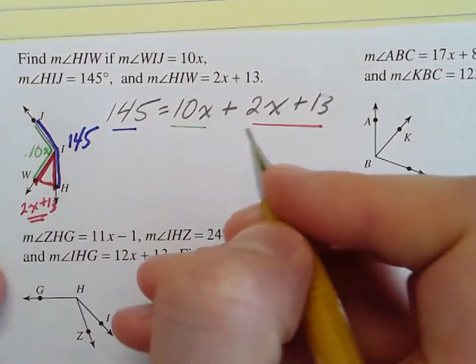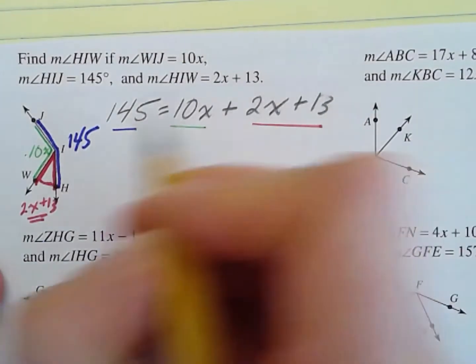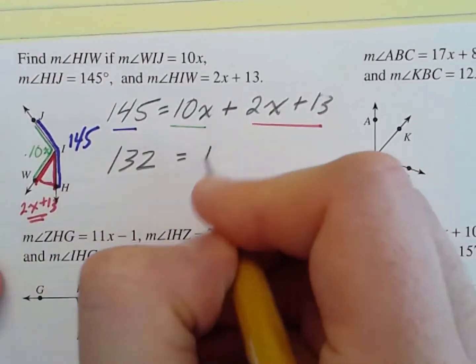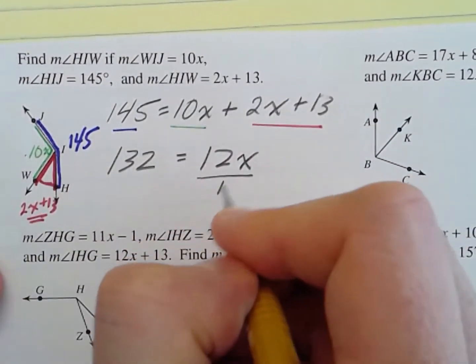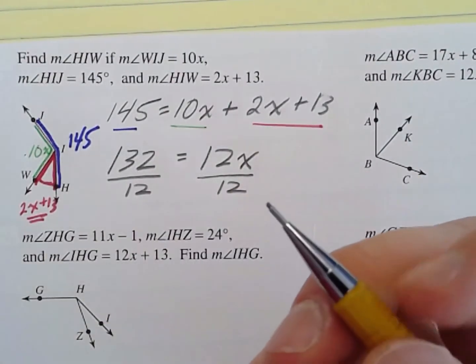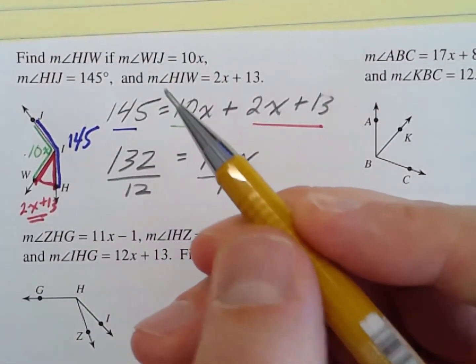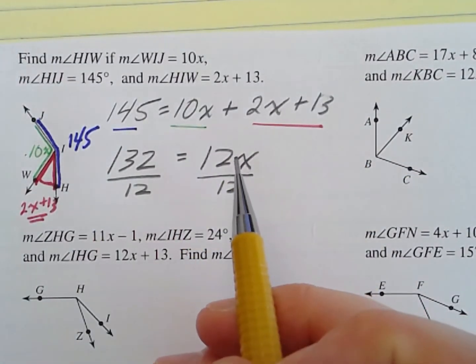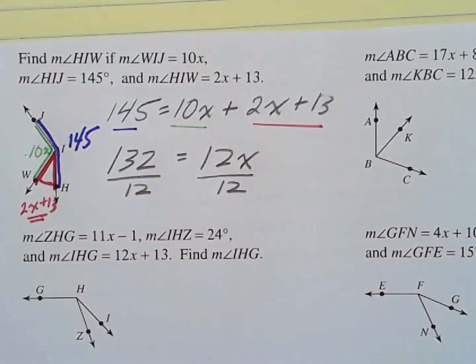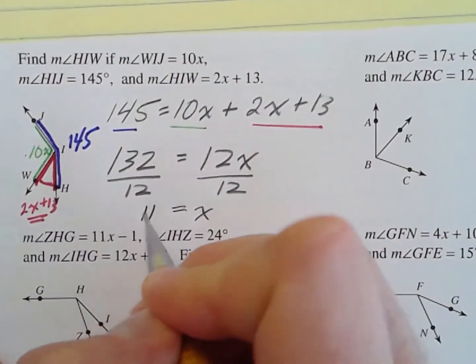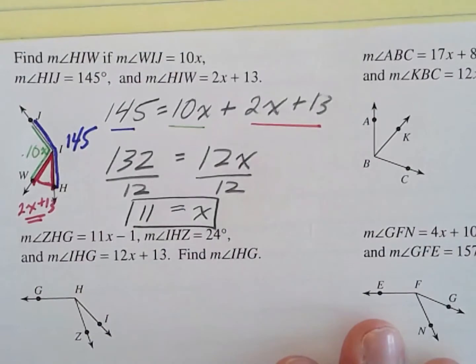So I'm just combining, so I get the 13 over to the other side, and I get 132 equals 12x. Dividing by 12, I get 132 divided by 12. I think it's 11. Yeah, it's 11. So there's 11, my answer. Great. Okay.